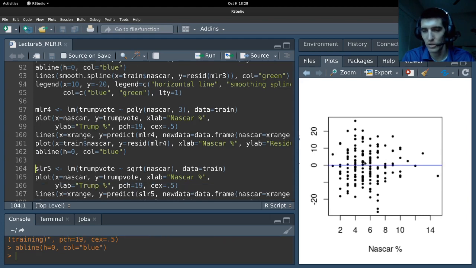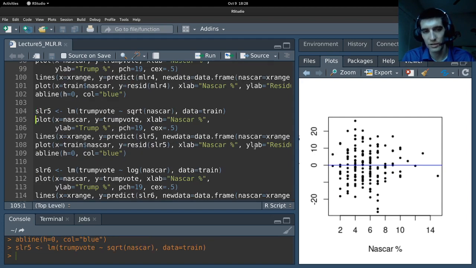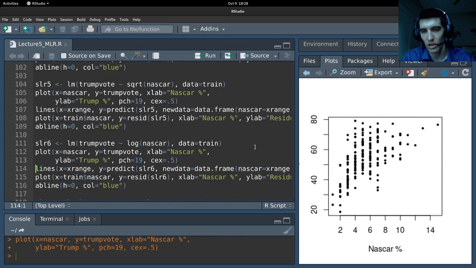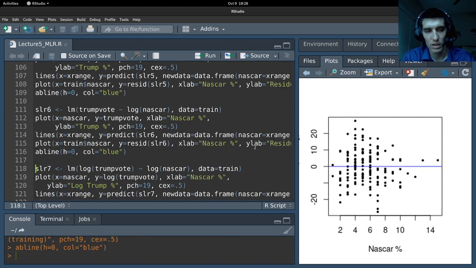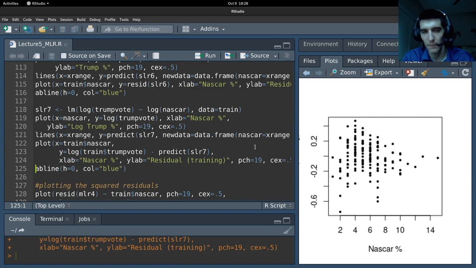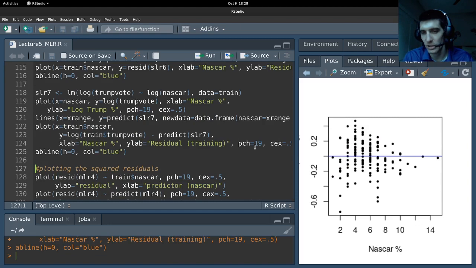Stick a mean zero line through it to help my eye. And again, just proceeding quickly, the square root model, which we saw, the log model, which we saw, the log y against log x model, which we saw, just same game, different transformations.